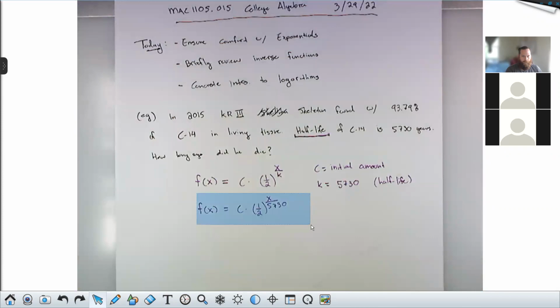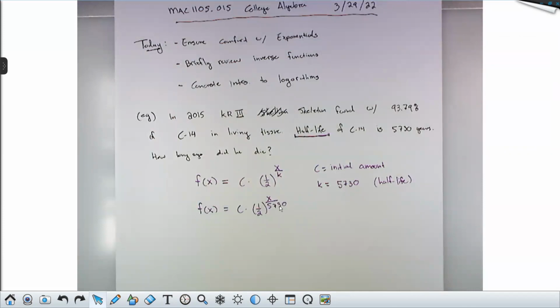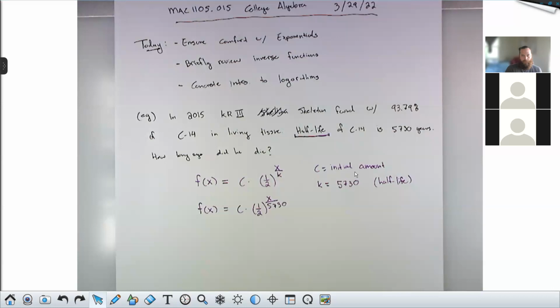Is everybody comfortable with how we're coming up with this? For example, on the final, this would be worth about 1/3 of the credit for the problem, just getting to this stage. So questions so far? Remember what half-life means.